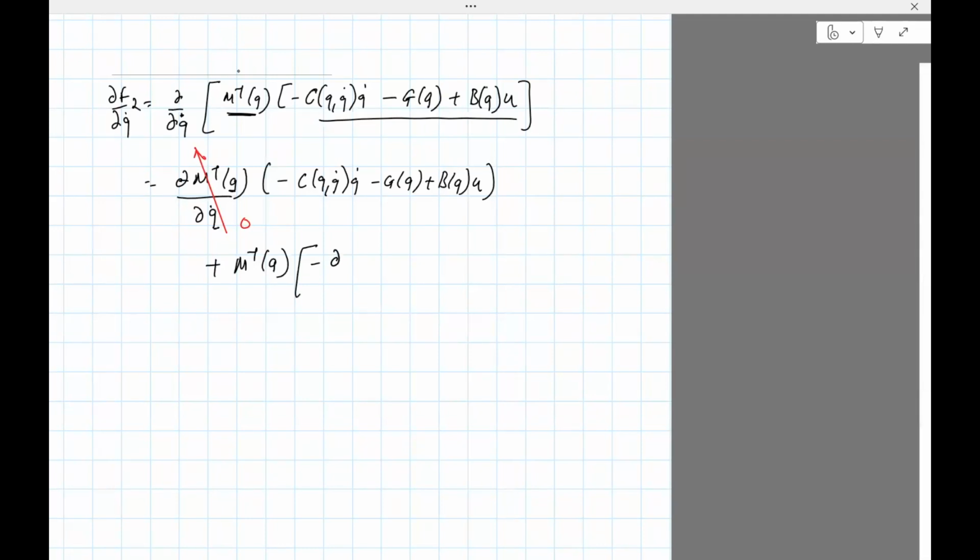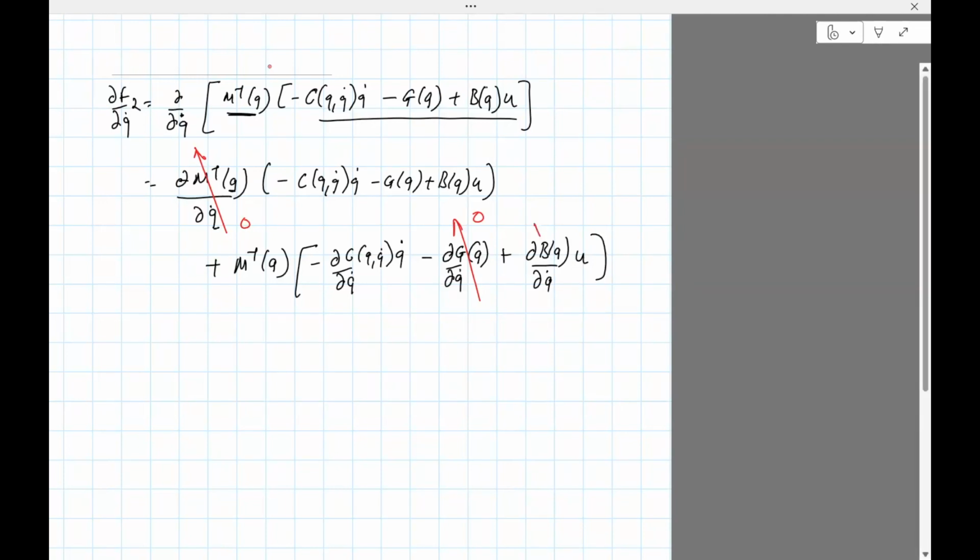So we have minus dC dq dot Q dot, minus dG dq dot, plus dB dq dot U. Now here also this term will be 0 because G, the gravitational torque, is a function of position, not a function of velocity.